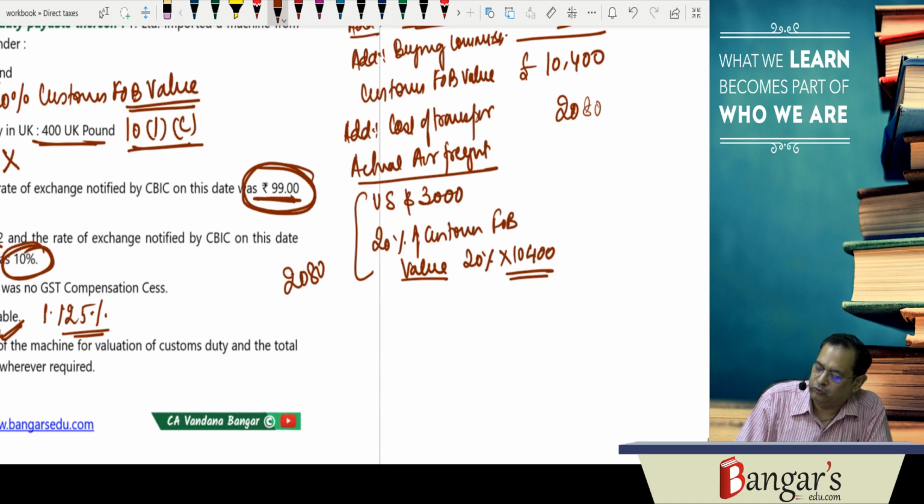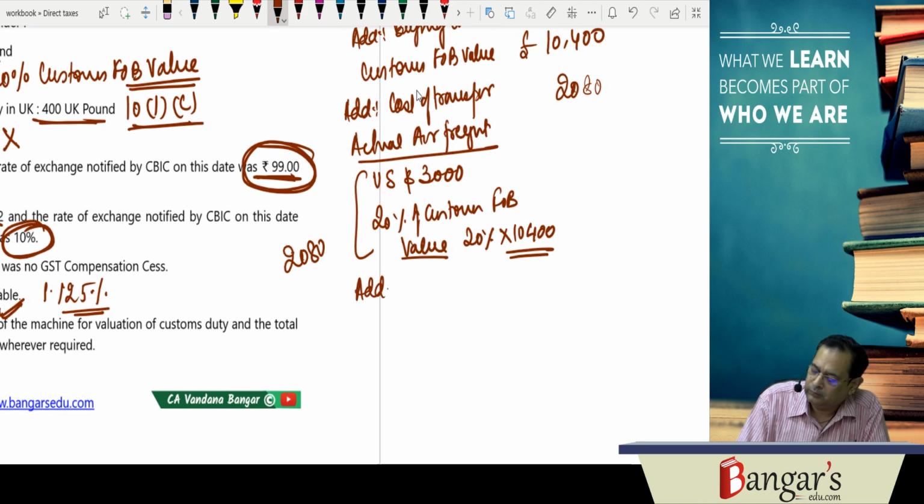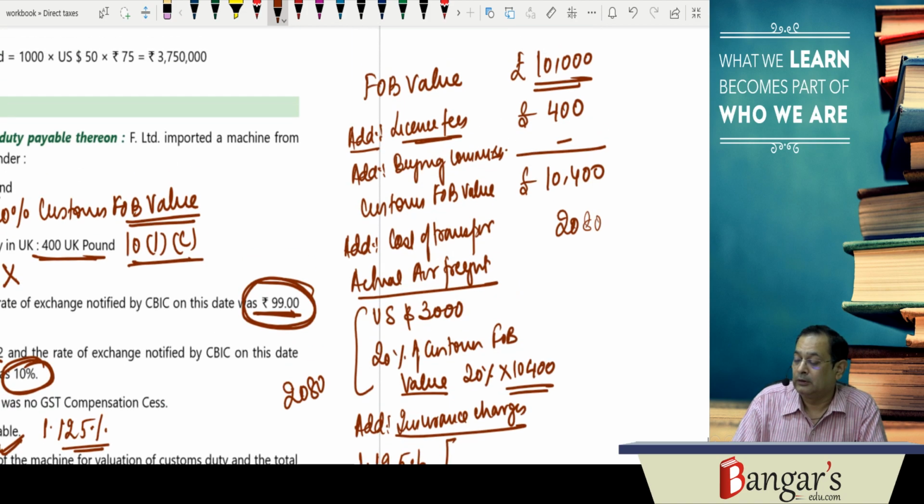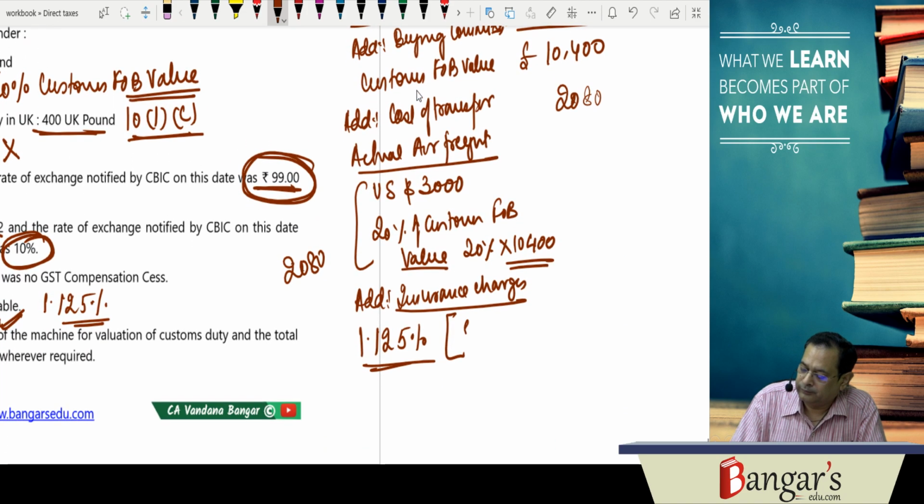And add insurance charges. Insurance charges is 1.125% of the customs FOB value, 10,400. So 10,400 into 1.125% is 117.